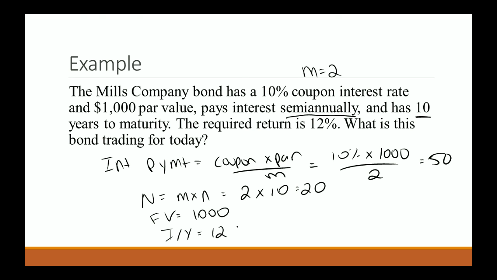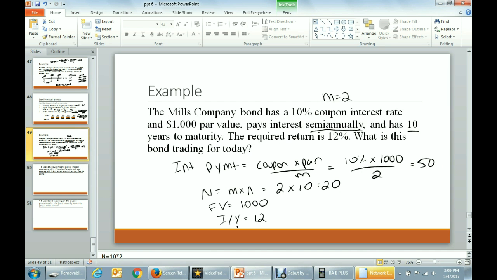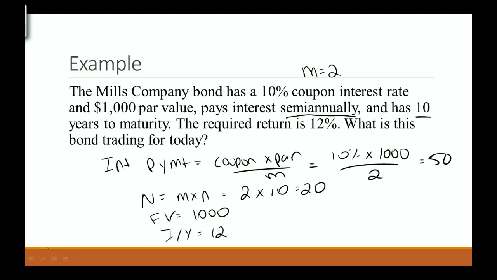So let's calculate the, oh, excuse me, I made a mistake. Remember, our I/Y is R divided by M. So we're looking at the 6-month rate here. So it's 6%, not 12%.